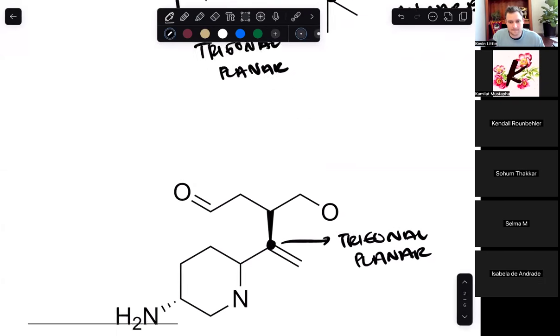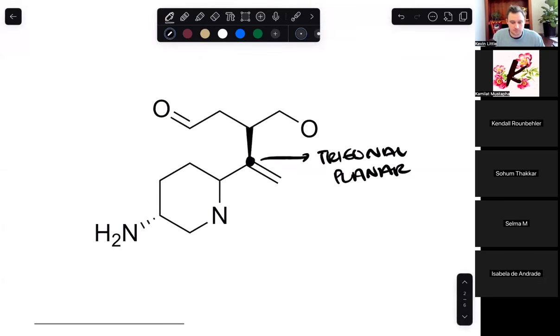But yeah, that should be trigonal planar. Again, oxygen should have two bonds. This oxygen only has one, so this should have a negative charge on it. You should be able to recognize that pretty quickly. Nitrogen should have three bonds. This nitrogen has one less than three, so it's also negatively charged. This checks out, right? That's a chiral center.